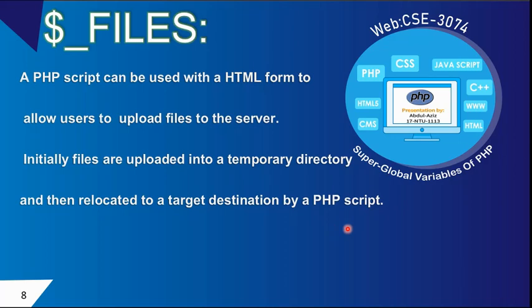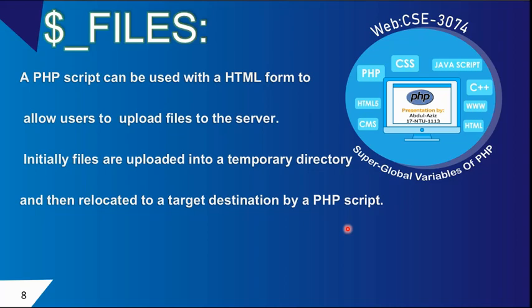First, the user opens the page containing an HTML form featuring a text field, a browse button, and a submit button. Then the user clicks the browse button and selects the file to upload from the local PC. The full path to the selected file will appear in the text field. Then the user clicks the submit button.